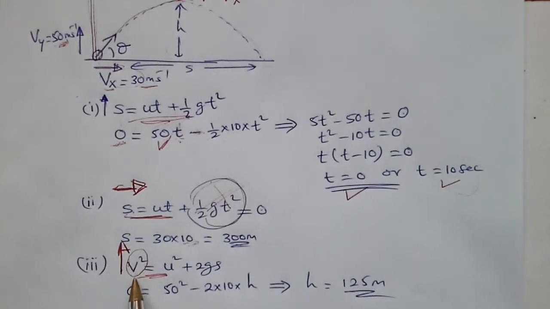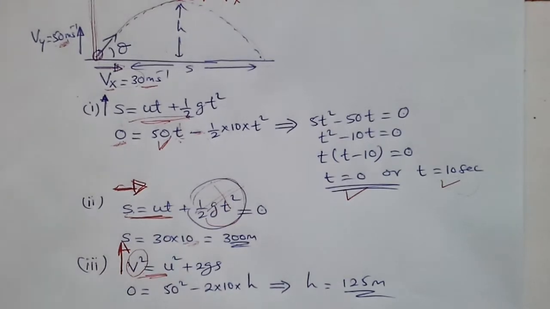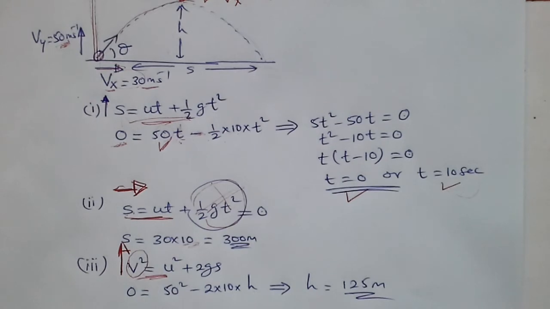So the final speed in the vertical direction will be 0. The initial speed, when you throw the stone, is 50 meters per second. So 0 equals 50 squared minus 2 times 10 into h. If you simplify, you'll find the maximum height reached by the stone is 125 meters. Okay, thanks for watching.